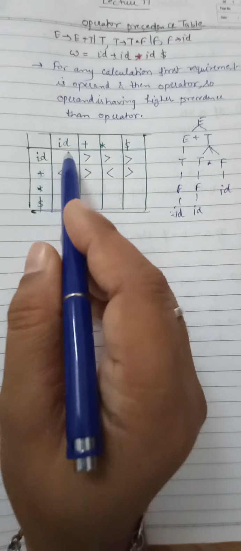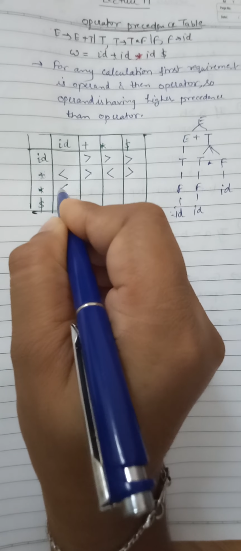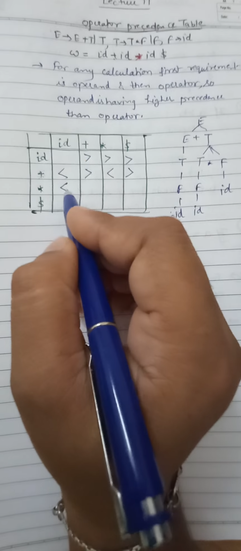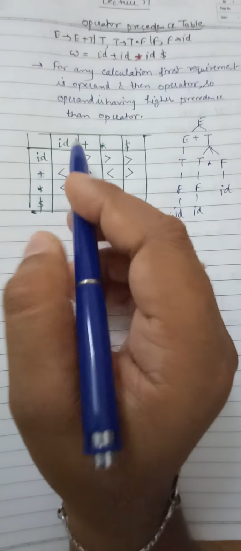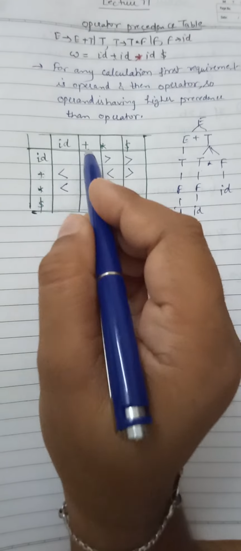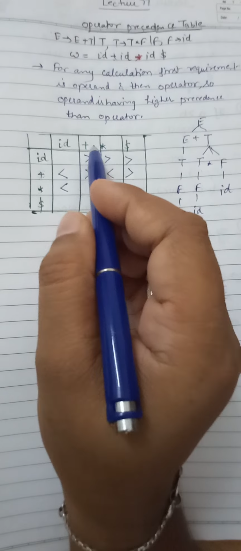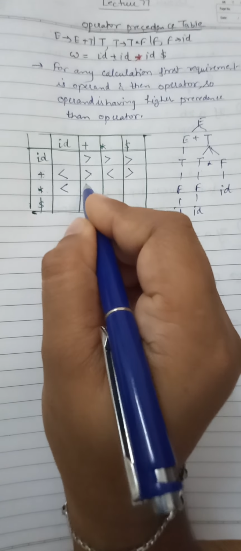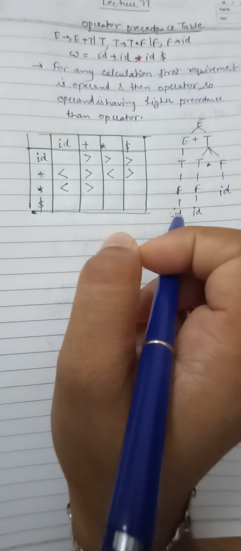And multiplication and id: because id comes before, multiplication is greater than id, because this is an operator, so it has higher precedence. Then multiplication always has more precedence than plus, so it is greater than. It is less than id because id comes before.